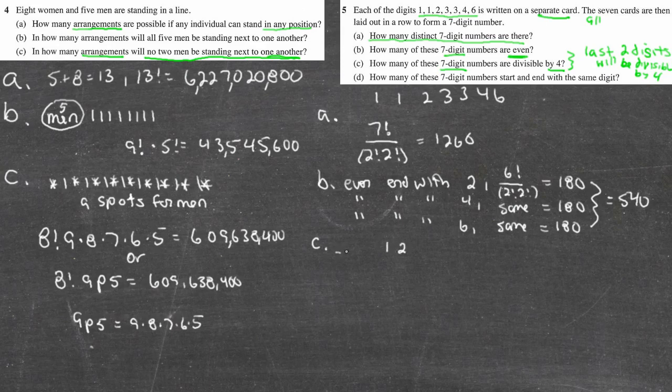And if I had 2 on the end, I could put a 3 next to it. And that would give me 32, which is also divisible by 4. And that's all I can think of ending with a 2. So then if I figure it out, well, there's 5 numbers left over, and 2 of them repeat. So 5 factorial divided by 2 factorial, and it's going to happen twice, both for 12 and 32. So that's going to give me 60 plus 60, or 120.